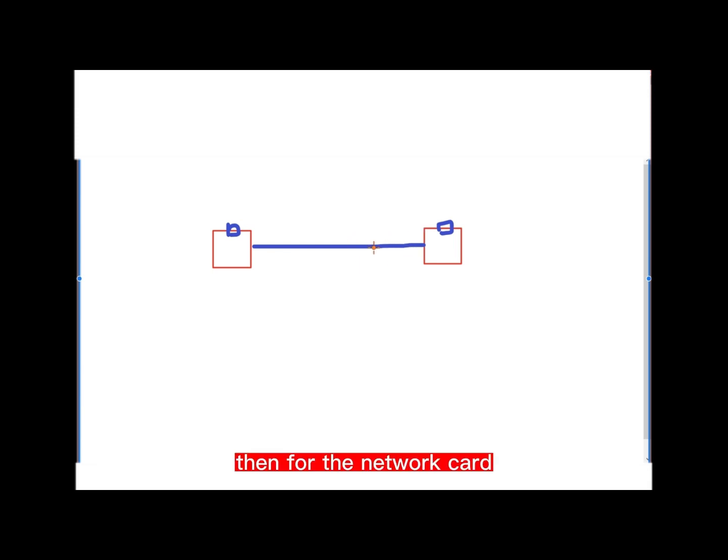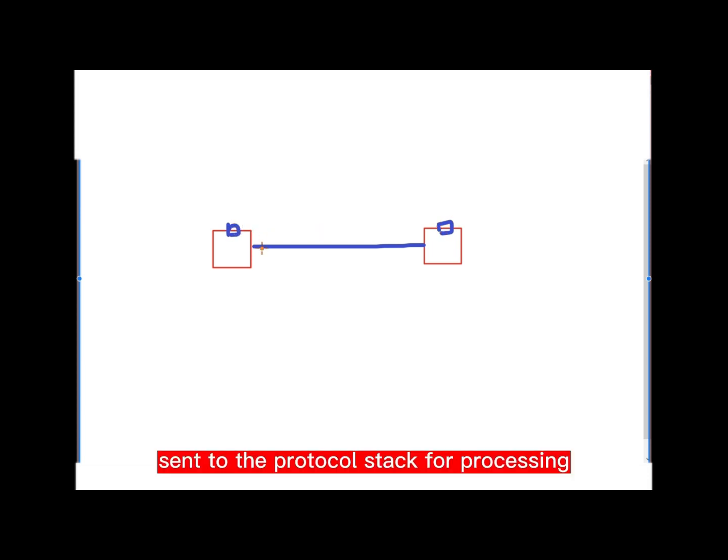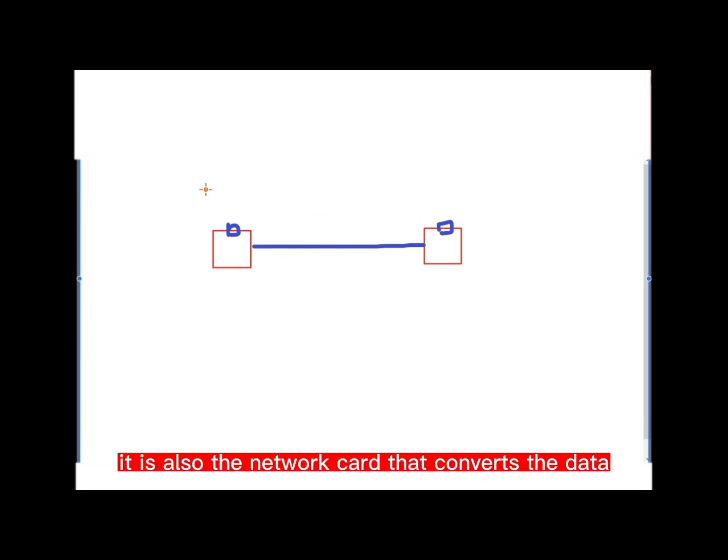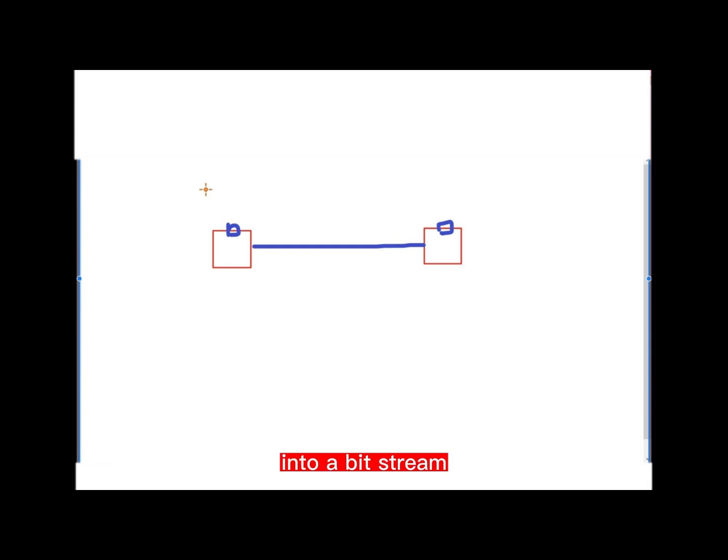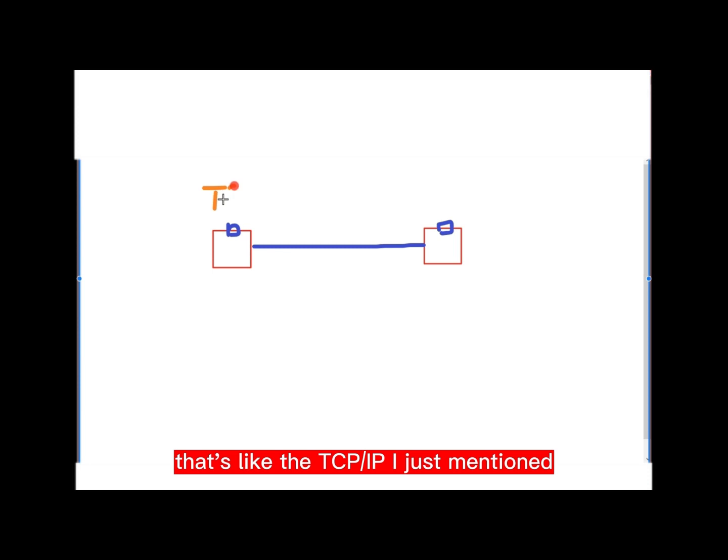Then for the network card, after the network interface receives the incoming bit stream, it converts these bit streams into data, sent to the protocol stack for processing. Including when it sends data to the outside world, it is also the network card that converts the data into a bit stream and then sends it out.